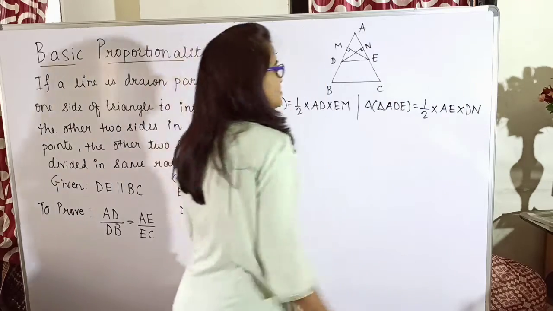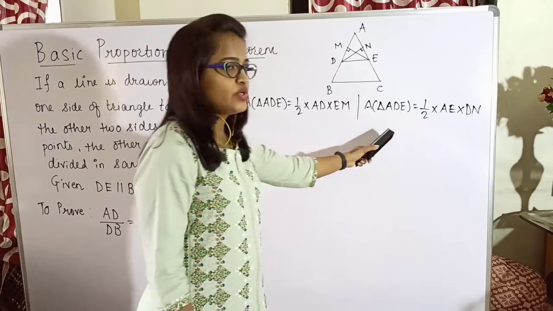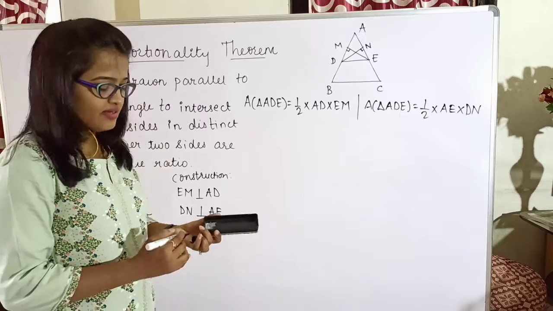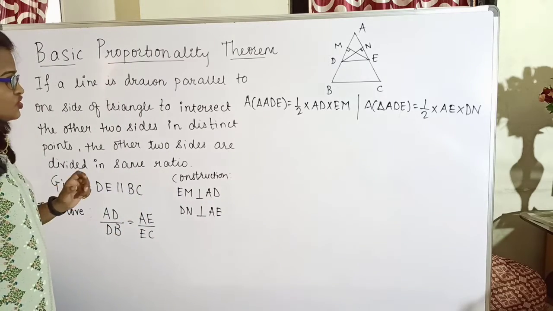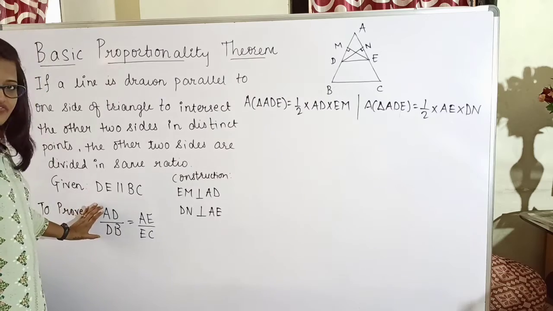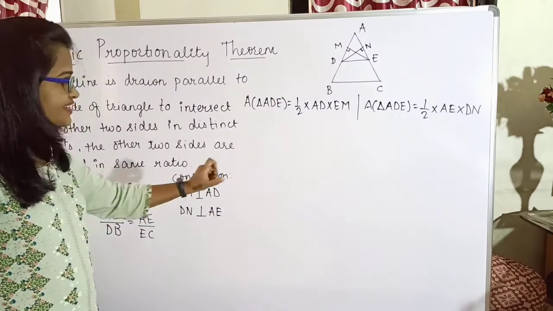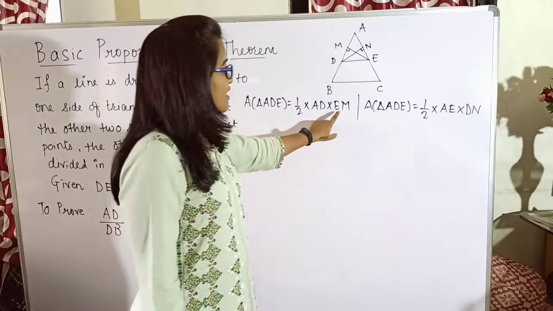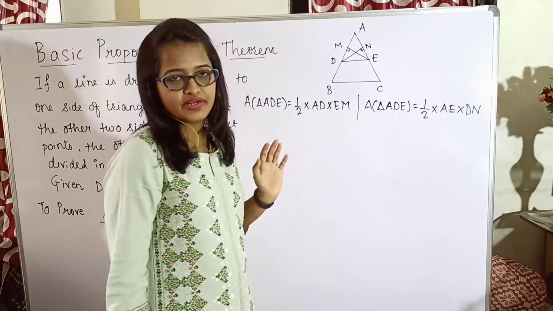My height will be DN. Okay, so now you have got two equations, both are area of the same triangle but with respect to different bases. Okay, so if I look at the left hand side, I have got AD, and if I look at the right hand side, I have got AE. So the thing is, I don't want EM, DN also the half part.